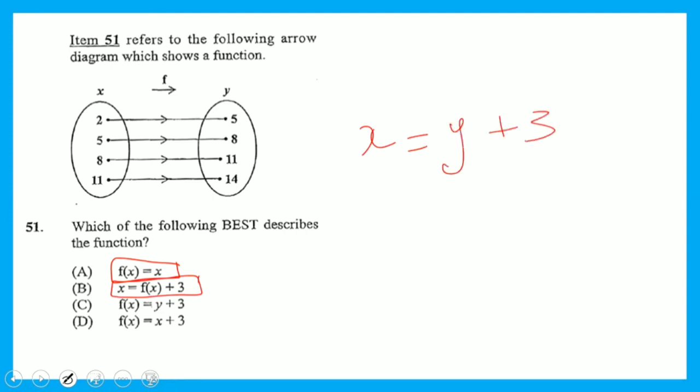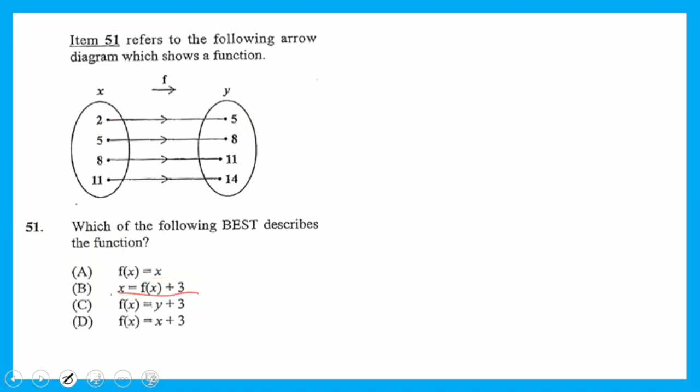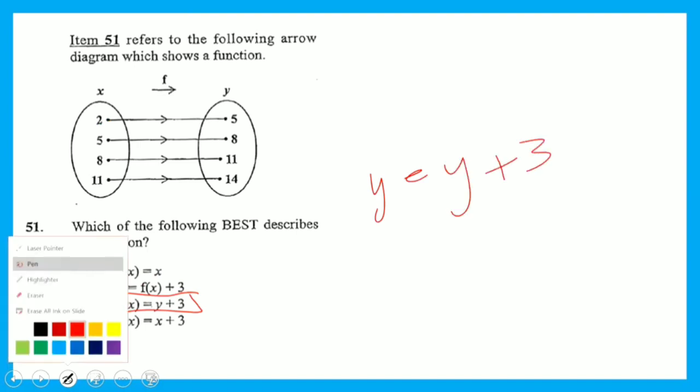Is that true? When x equals 2 and y equals 5, is this statement true? No, 2 is not equal to 8. y equals y plus 3. Let's not even go there.